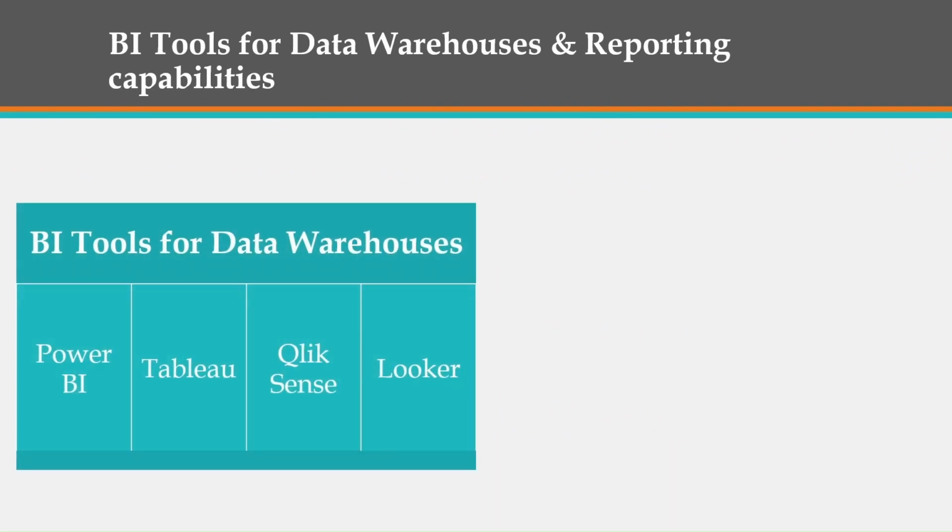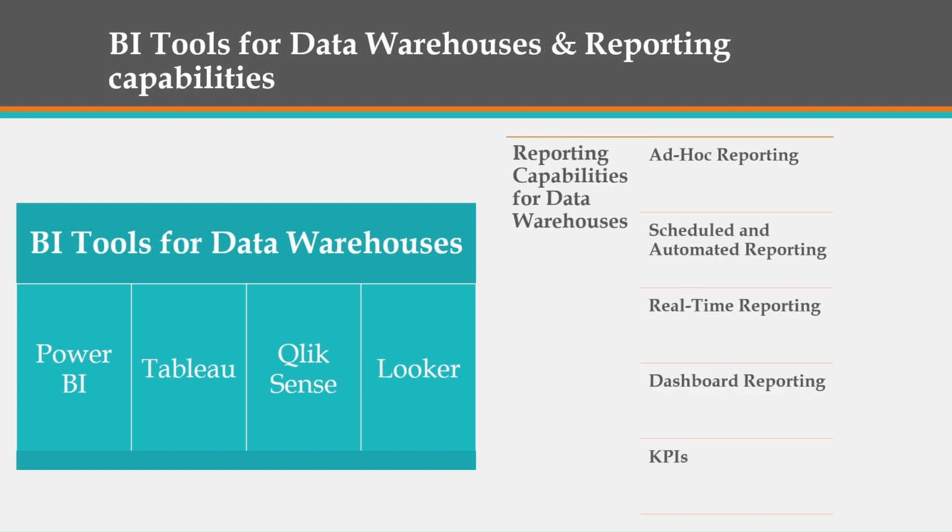The most popular business intelligence tools are Power BI, Tableau, Qlik Sense, and Looker. Reporting capabilities in a data warehouse allow organizations to turn data into actionable information for decision-making, performance tracking, and strategic planning.